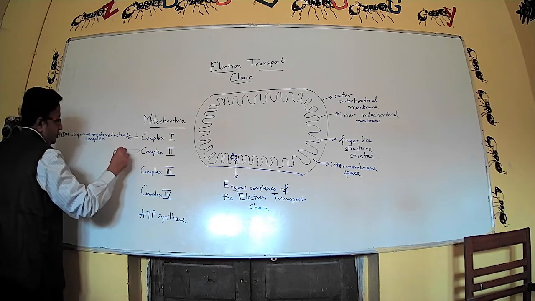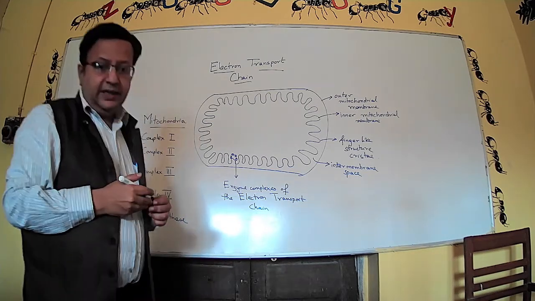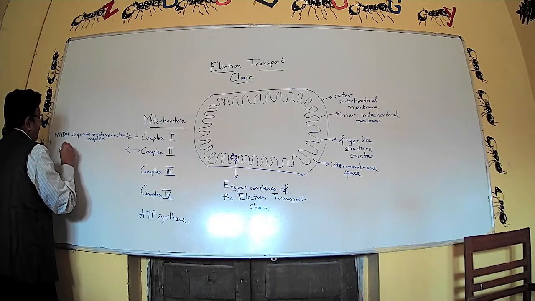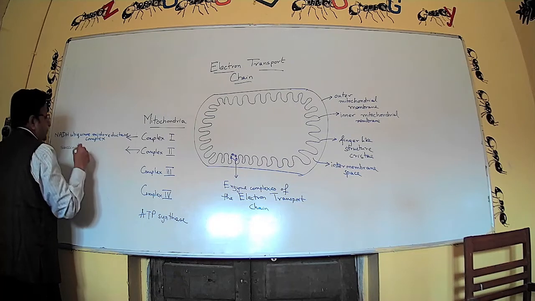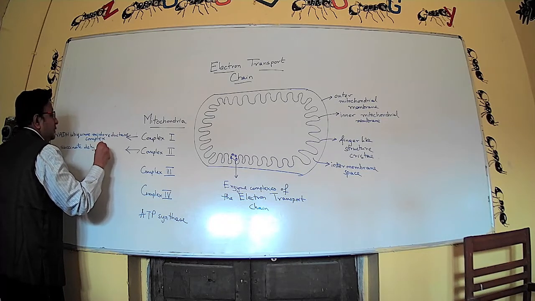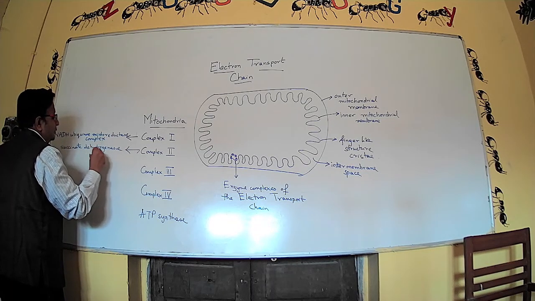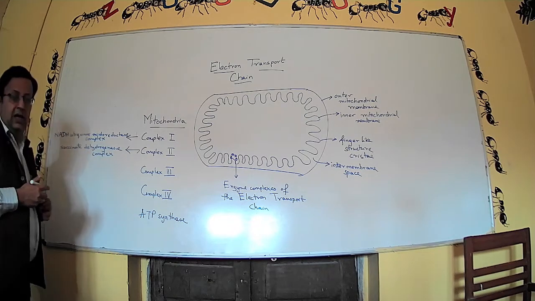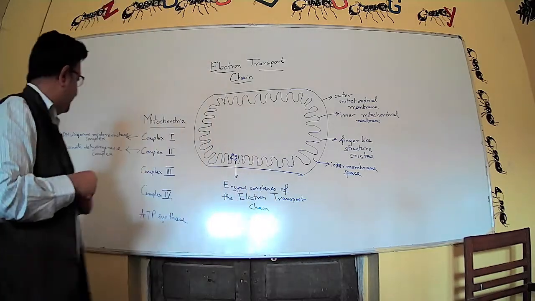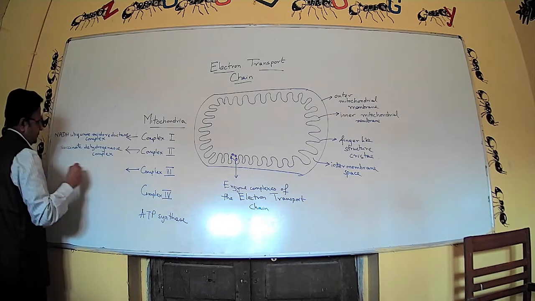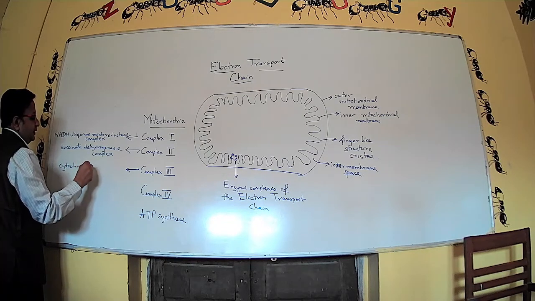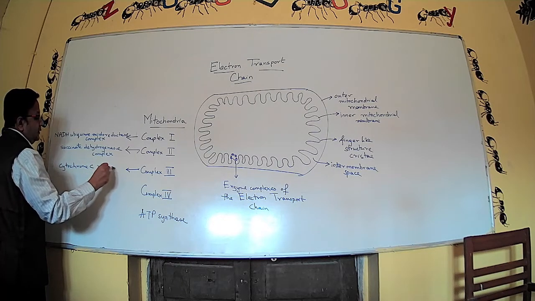Complex 2 is the succinate dehydrogenase complex. Complex 3 is cytochrome C reductase.